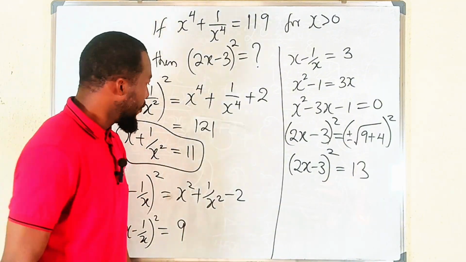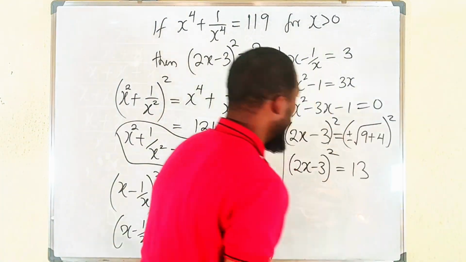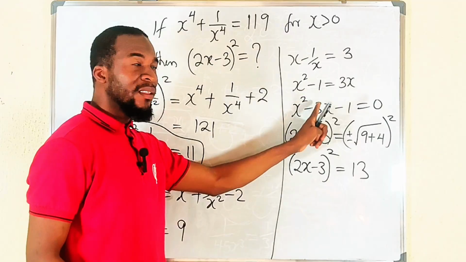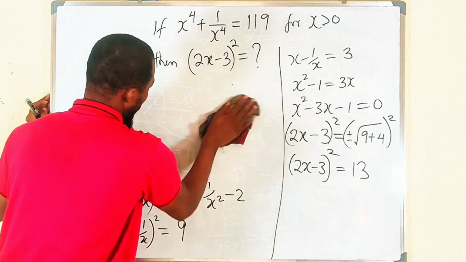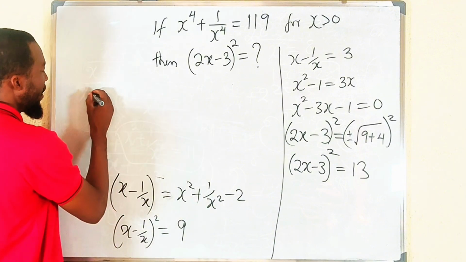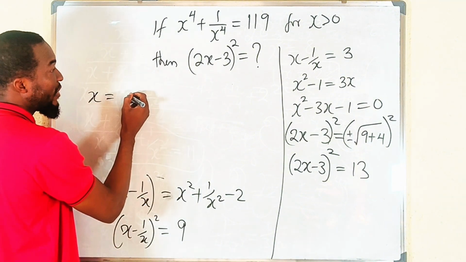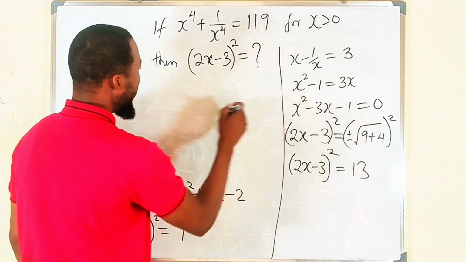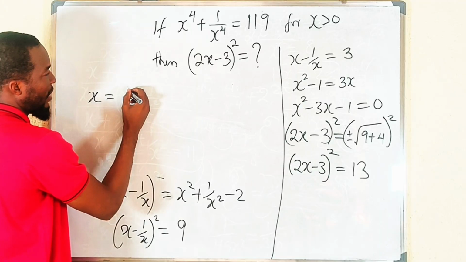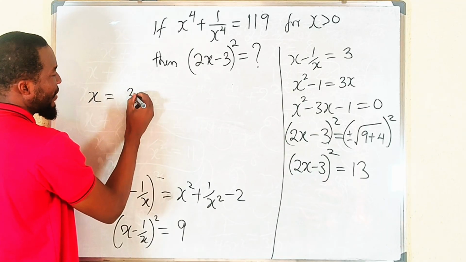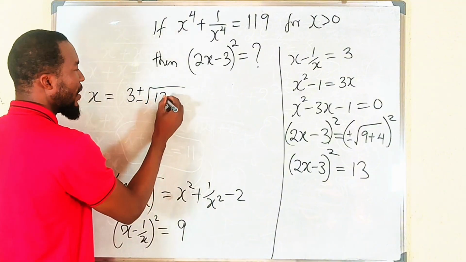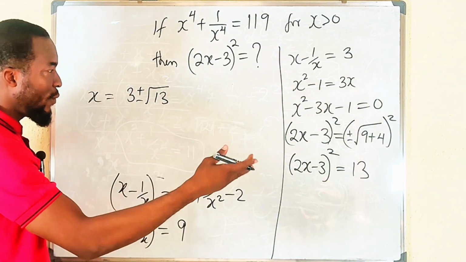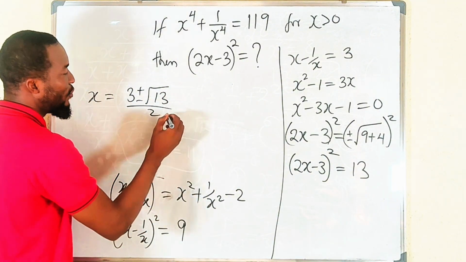As simple as that. So let me call your attention here. For those of you that might not understand this, you can use the general formula. The general formula states that x is equal to minus b, that is 3, plus or minus the square root of b squared minus 4ac, which will not change, 13, divided by 2.